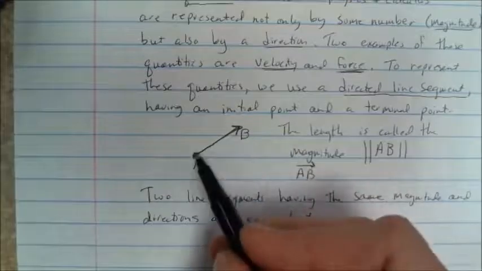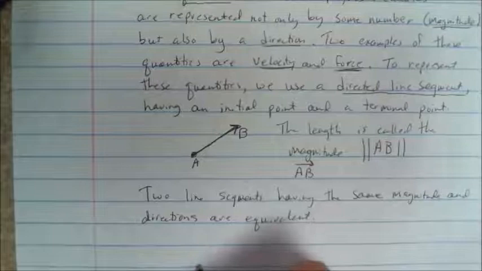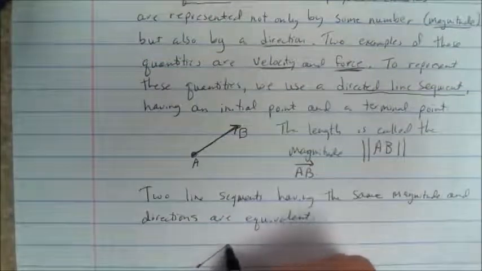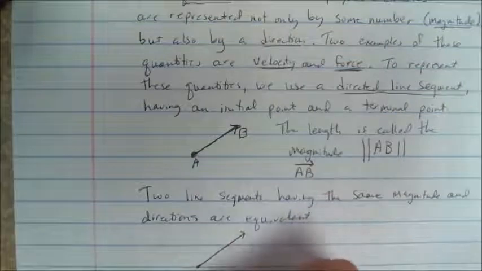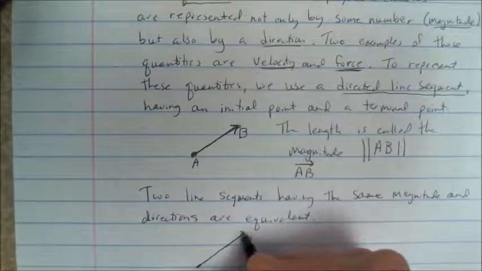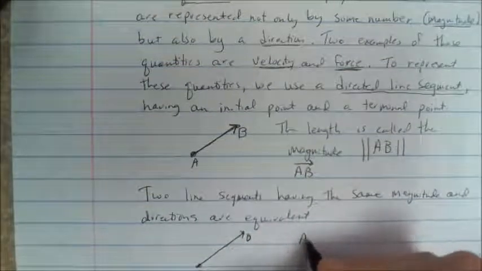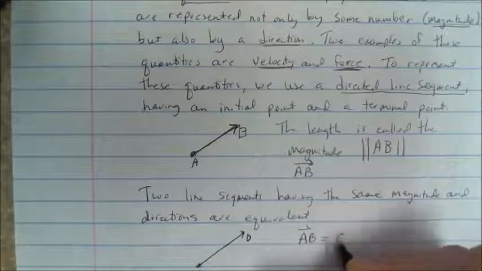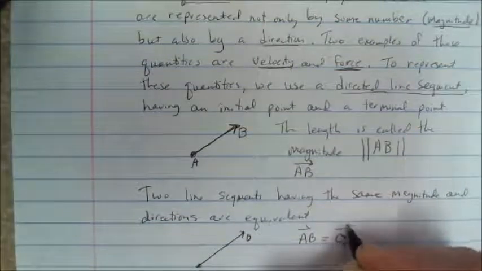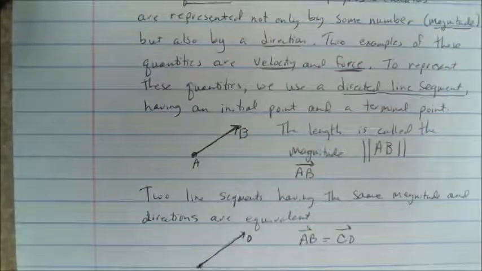So if I were to carefully copy AB down here and have it be the exact same length and go in the exact same angle here, if I want to call this CD, and even though it's in a different spot, the vector AB would be equivalent to the vector CD, and that's just because the length and the direction are both the same, or the magnitude and the direction are both the same.